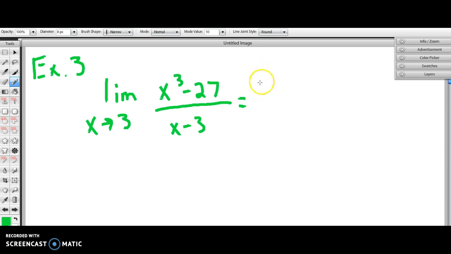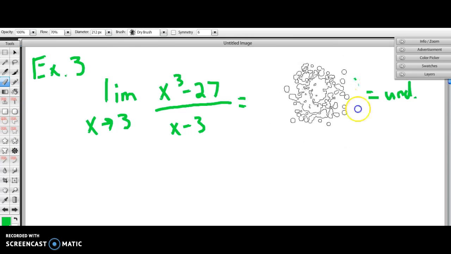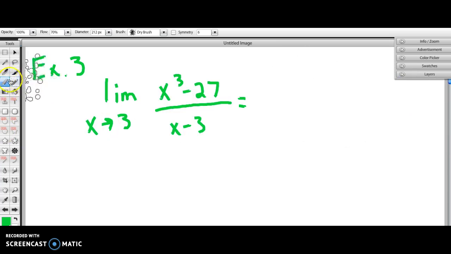If we just plug in the 3, 3 cubed minus 27 over 3 minus 3, you're going to get 0 over 0, which is undefined. So then we have to factor it out and see if the function actually behaves differently before we conclude that. And when you're dealing with limits, you're not finding the value. We're trying to see how it behaves, so we don't care about it being undefined.